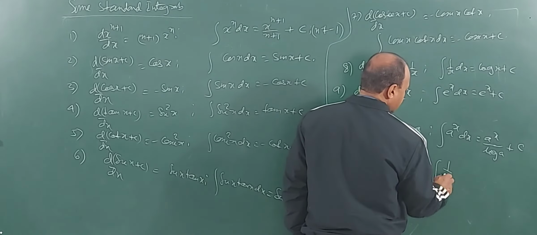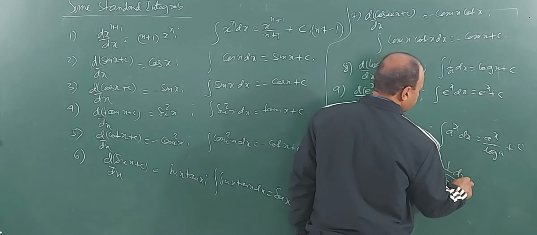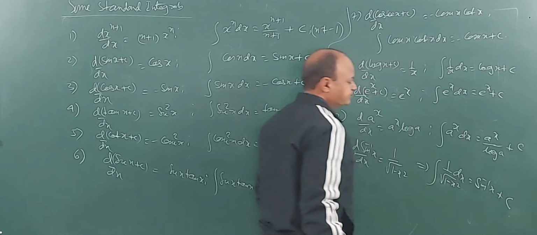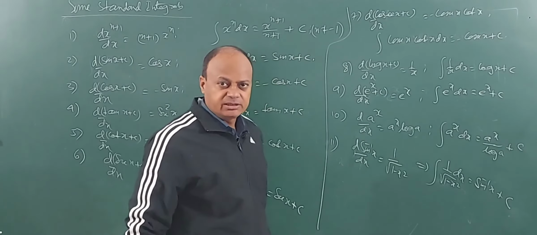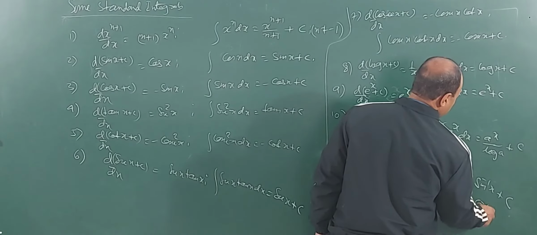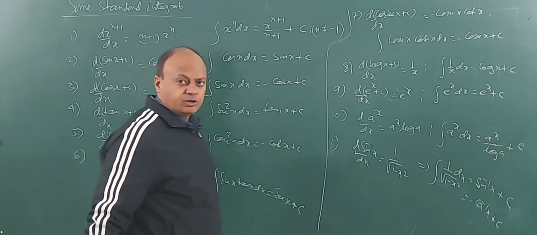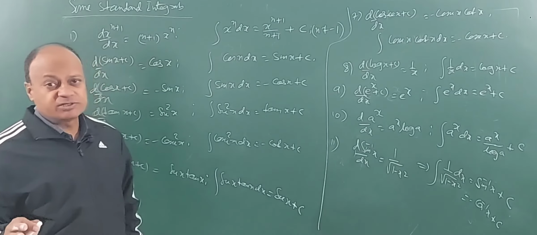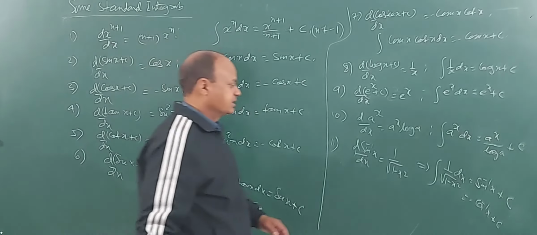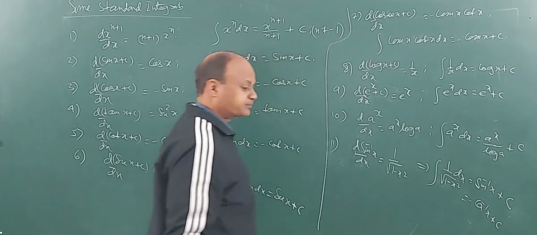Integration of 1 by root 1 minus x square will be sin inverse x plus c. Clear? Otherwise, minus cos inverse x plus c also you can write. Actually it is pi by 2 minus cos inverse x plus c, but why don't we write pi by 2? Because c is a symbolic constant, pi by 2 plus c will also be c.